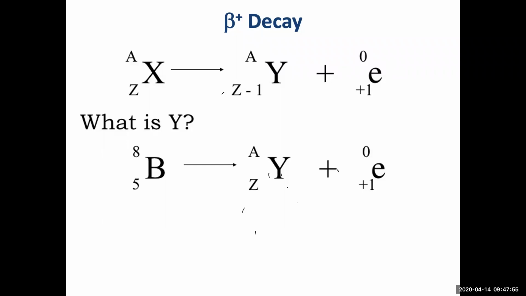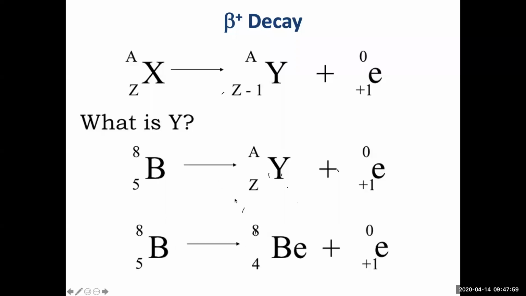Okay, excellent. So we have the same mass number, and minus 1 proton here, exactly 4.